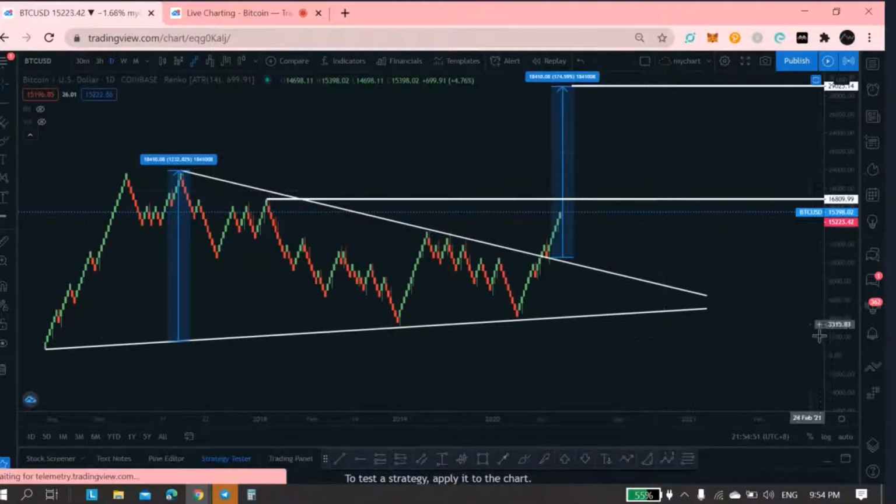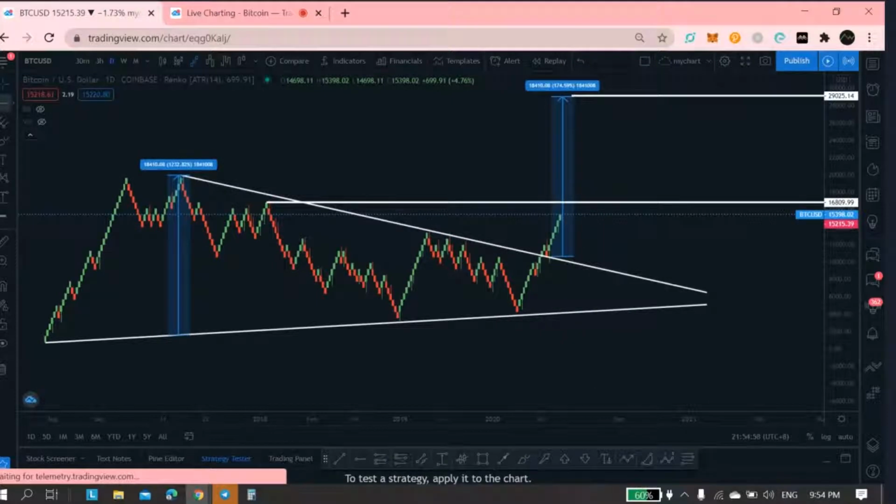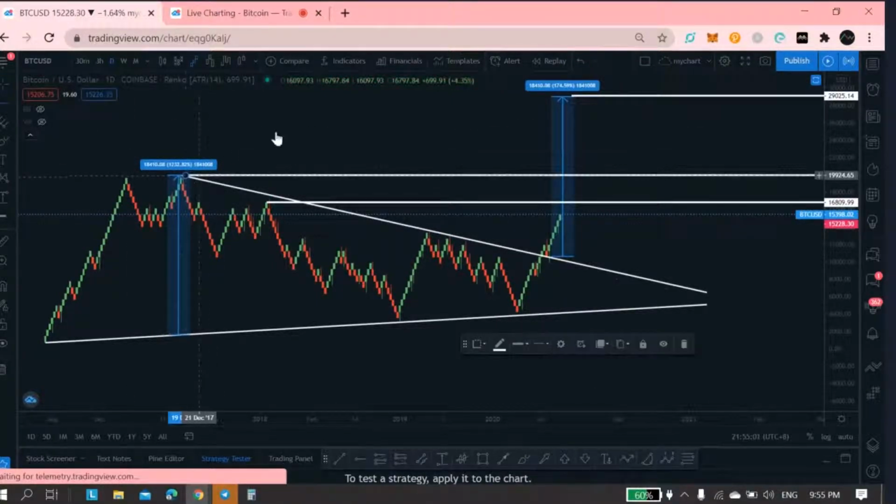So for open, high, low, close, normally it also adjusts a few dollars. I just take note of it when trading. And of course, if it breaks this area, it will retest the previous all-time high.